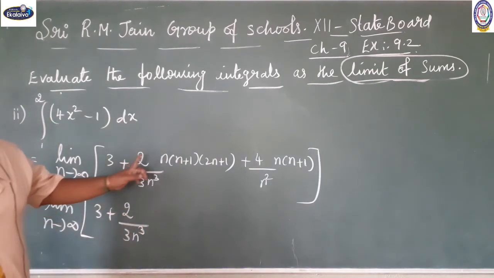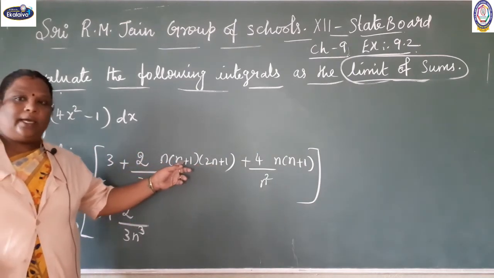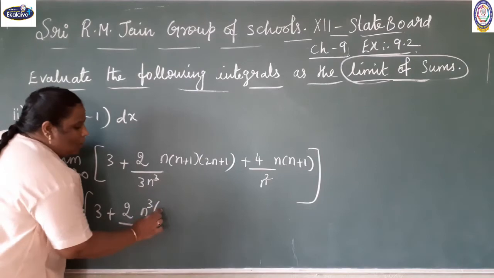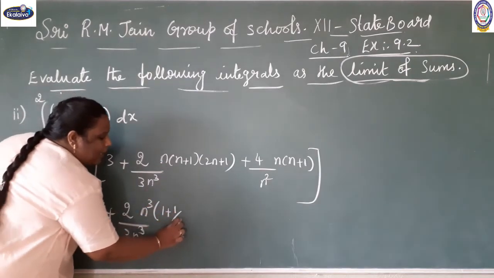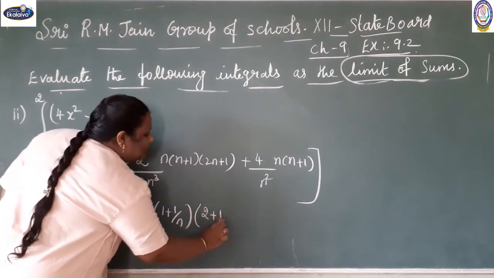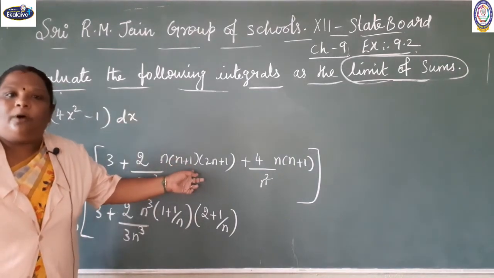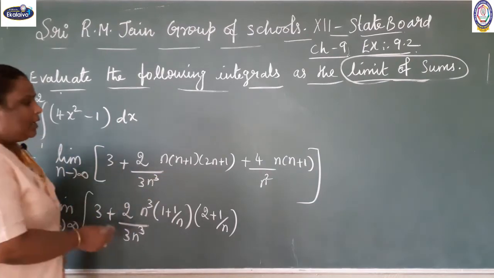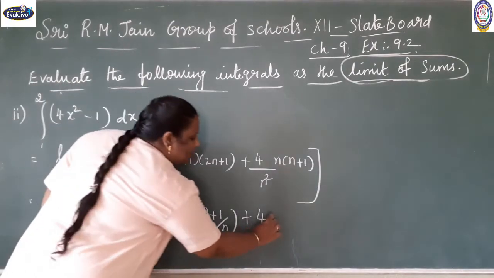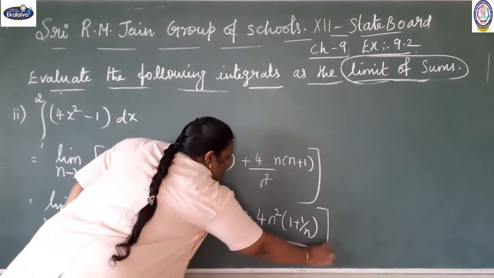You can take n out, n cube, and what is the remaining thing here? 1 into 1 plus 1 by n, 2 plus 1 by n, because it is not a multiple of n, so you can write it in the form of division, 1 by n, plus 4, you can take n square out, n square into 1 plus 1 by n.